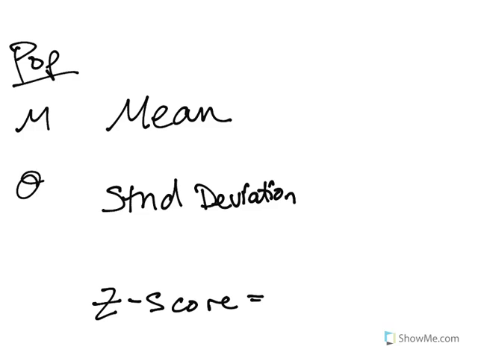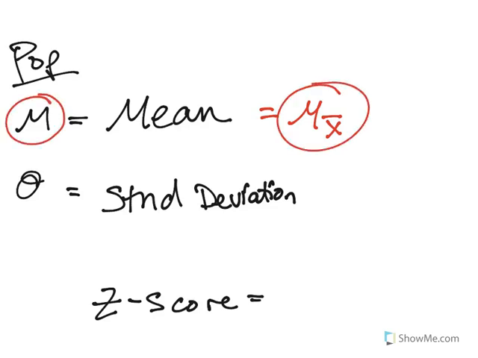Well, if we know this information, how does that relate to a sample of that population? So we're getting into the mean of that sample population, which we would call mu sub x bar. And the nice thing is the mean of the population is generally equal to the mean of the sample.